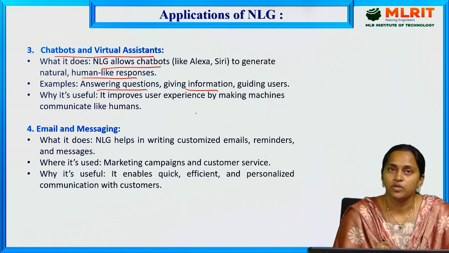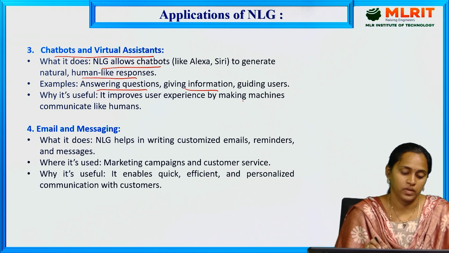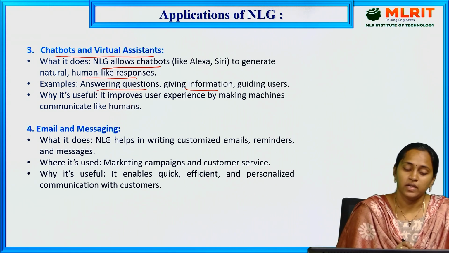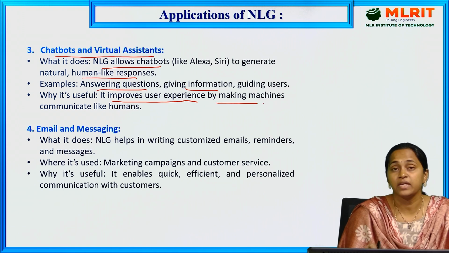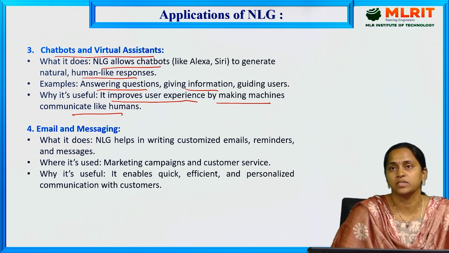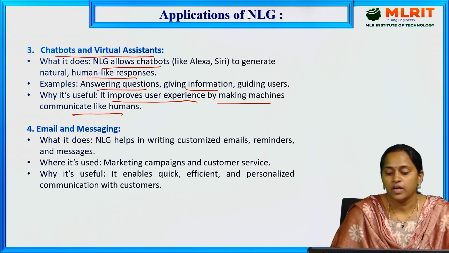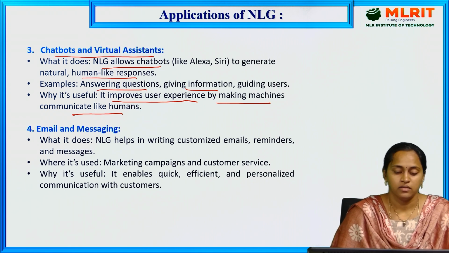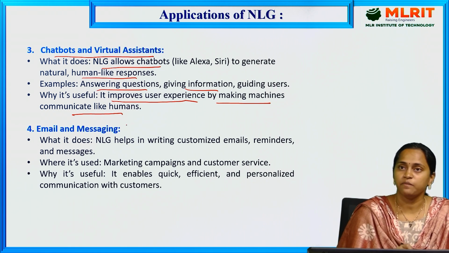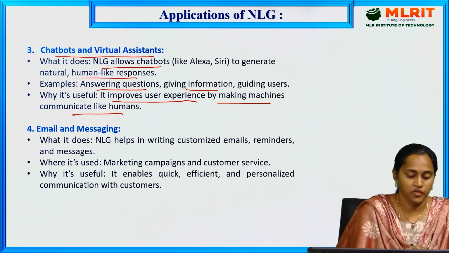It is very helpful to visually impaired people. It is useful because it improves the user experience by making machines communicate like humans. When we are talking with Alexa, it feels like talking with a friend, a human.